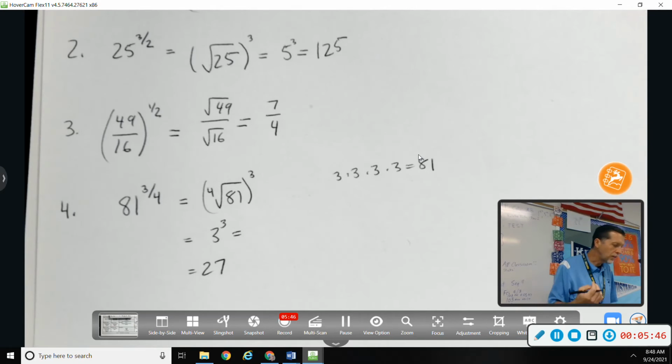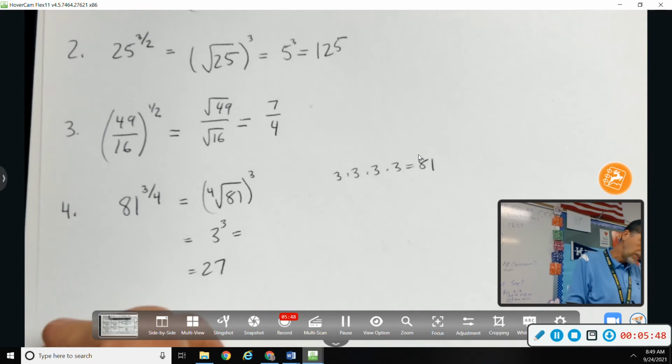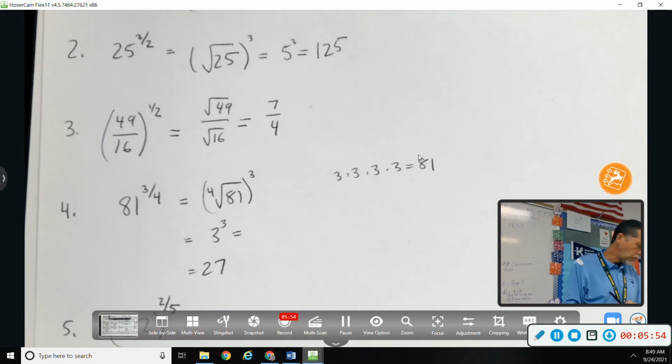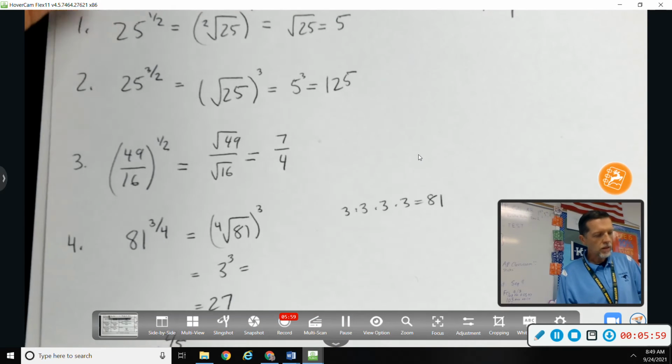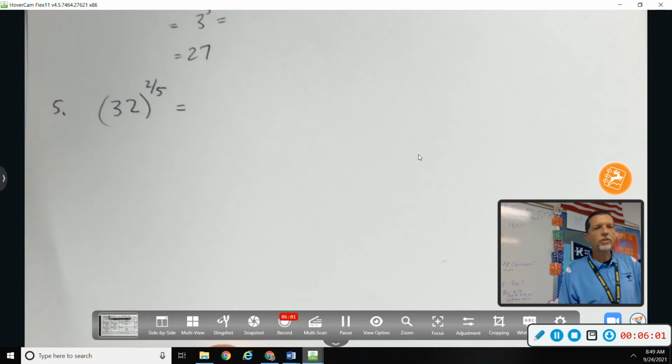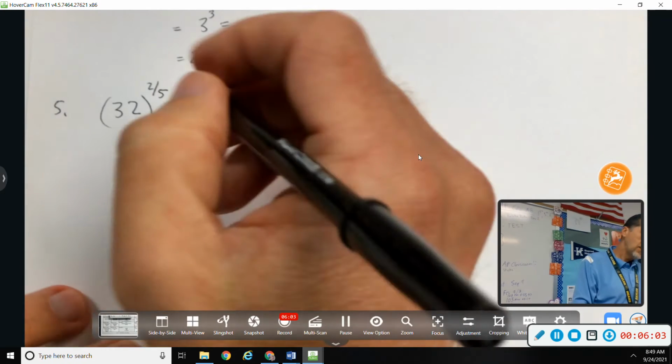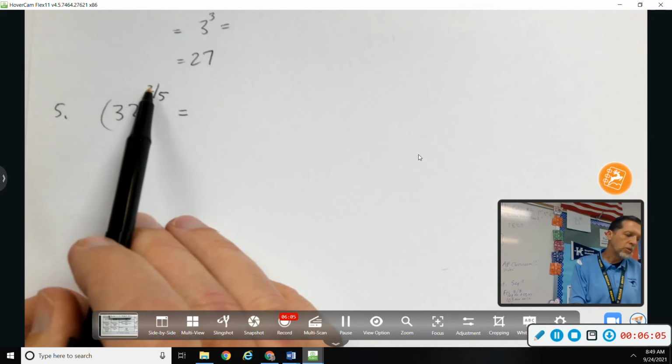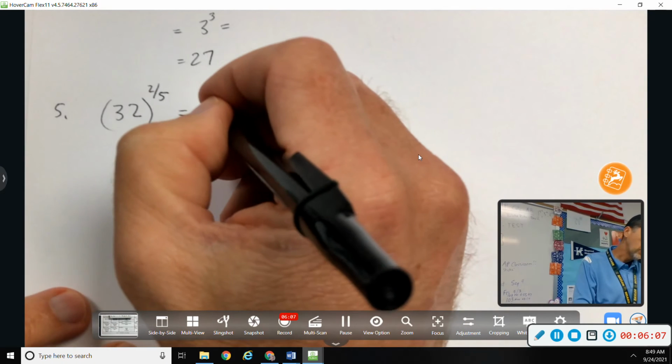But you've got to be familiar with powers and roots and numbers, so that when we ask you to do 32 to the 2/5, which root? Are we doing the square root or the fifth root? Fifth root. Root goes on the bottom.